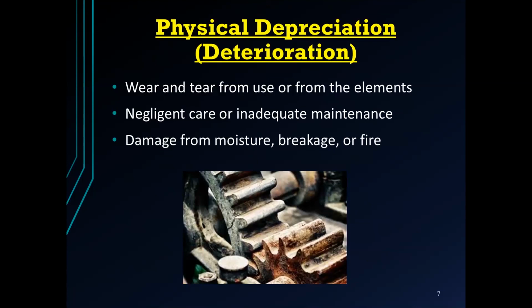But physical depreciation can also be caused by negligent care, where a property is not maintained properly. And so then there's damage, deterioration to the property due to negligent or inadequate maintenance, and then any other kinds of damage where properties are damaged in some way. It could be due to flooding, to fire, breaking, things like that.